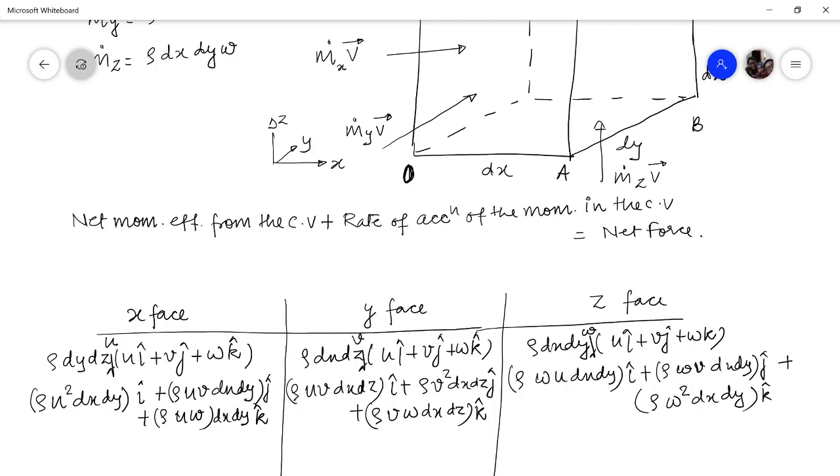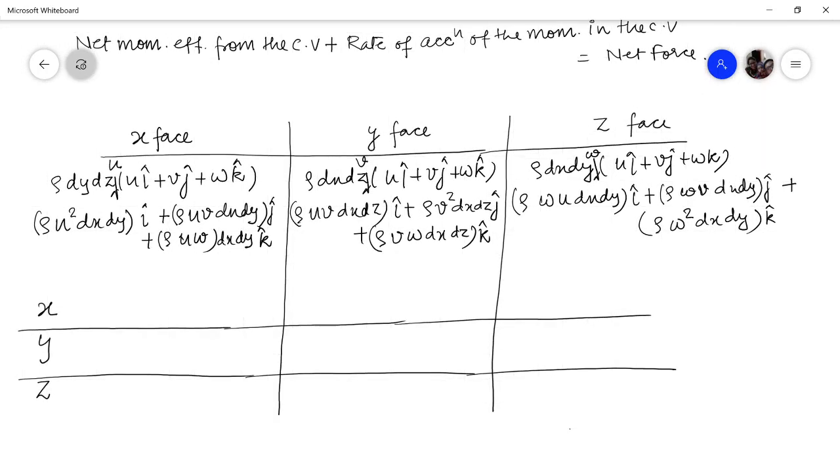Okay, now let me write all the components separately. In the x direction, from the x face it is rho u square dy dz. In the y direction from the x face it is rho uv dy dz, and in the z direction from the x face it is rho uw dy dz.